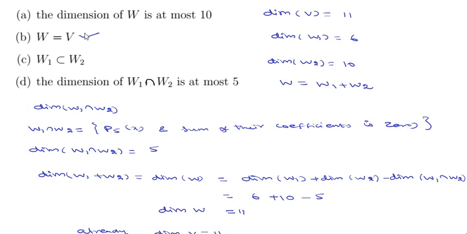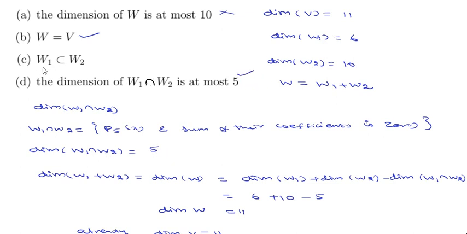The first option says the dimension of W is at most 10, but the dimension of W is 11 here. Therefore, the first option is wrong. And the fourth option says dimension of W1 intersection W2 is at most 5. We got dimension of W1 intersection W2 is 5. So therefore, this is correct.